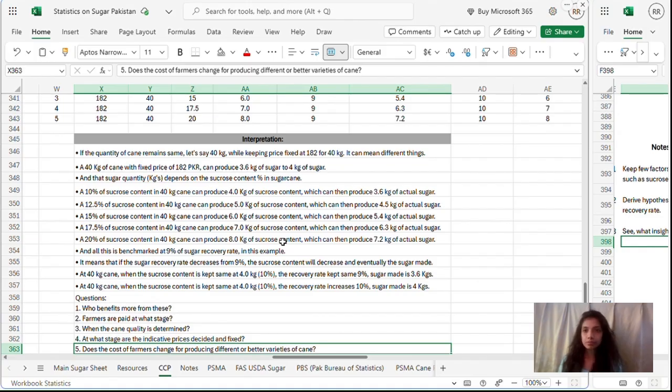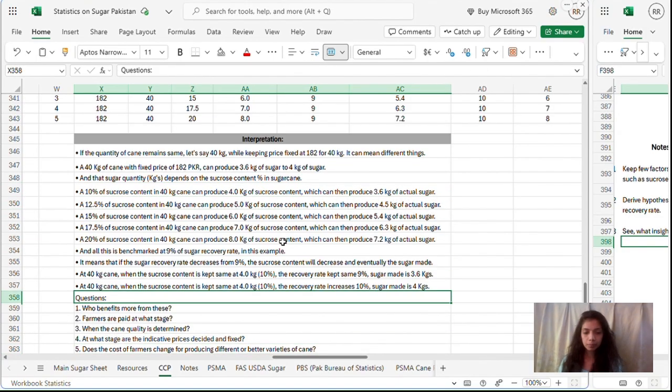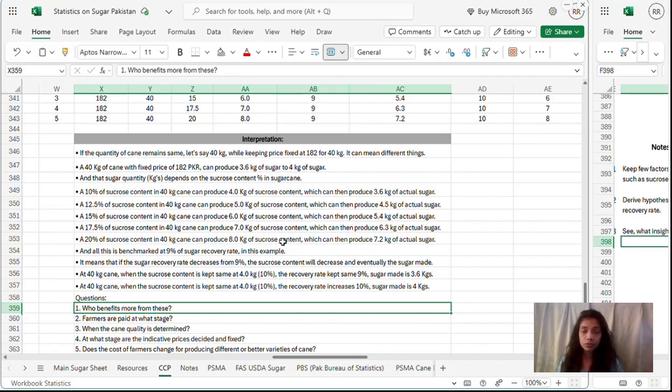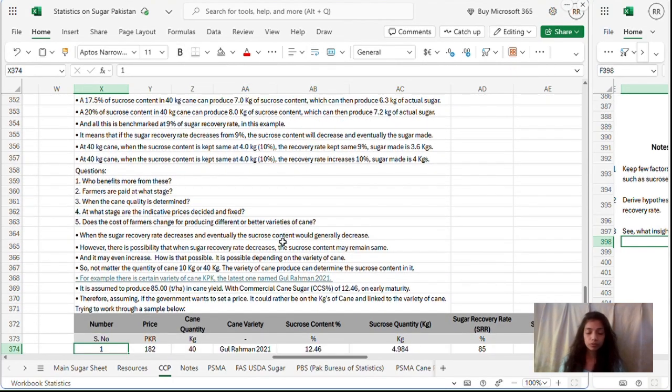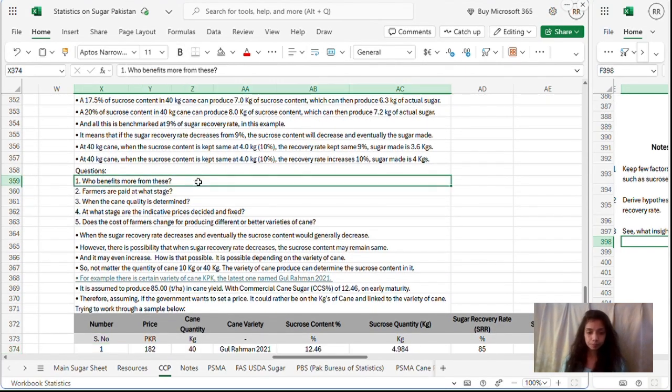Now, once we have this data, we can have a preliminary evaluation of it, and we can try to find the questions and gain insights by doing critical thinking. How we think on the questions, it matters. The first one is, who benefits from these?